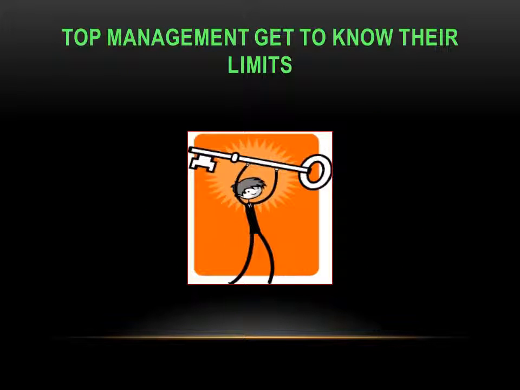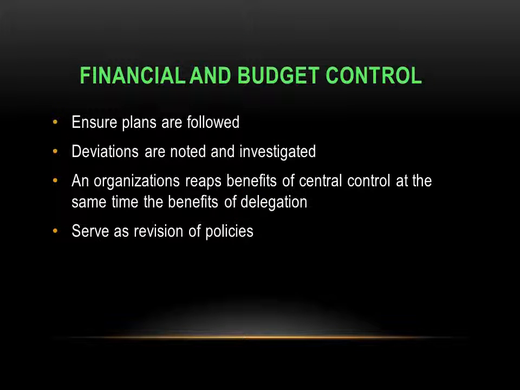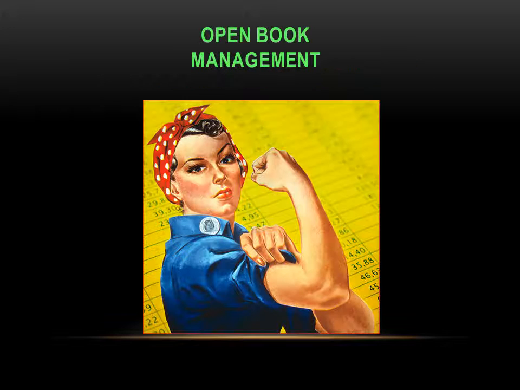Top management gets to know their limits. Financial and budget control ensures plans are followed, deviations are noted and investigated, and organizations reap the benefits of central control and at the same time the benefits of delegation, and it serves as a revision of policies.